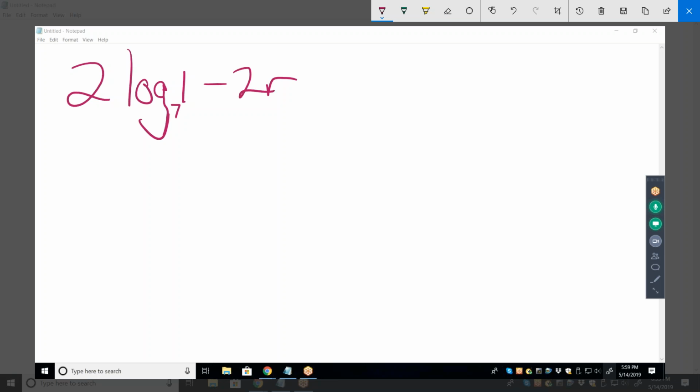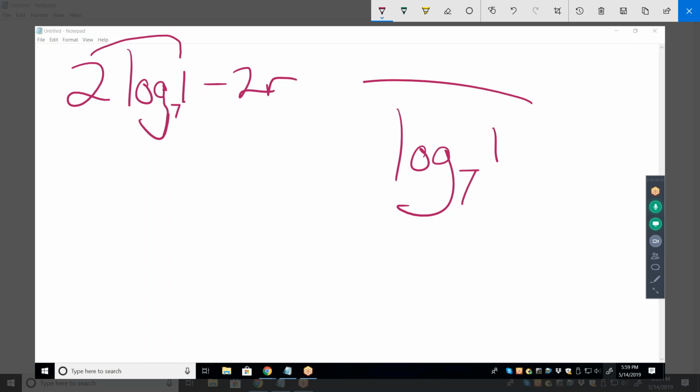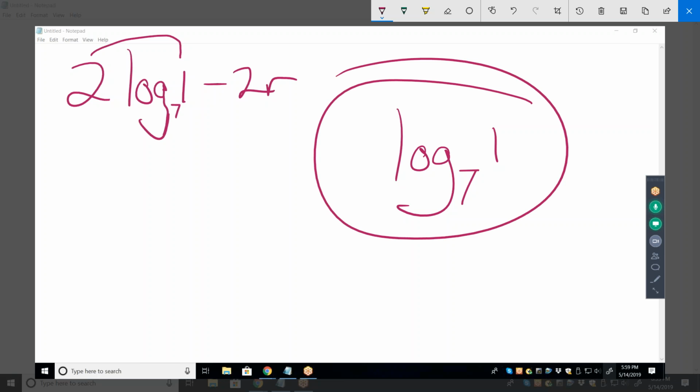If I want, my normal first step would be to square the 1, so let's do it. What's 1 squared? 1. The log of 1, no matter what the base, is what?